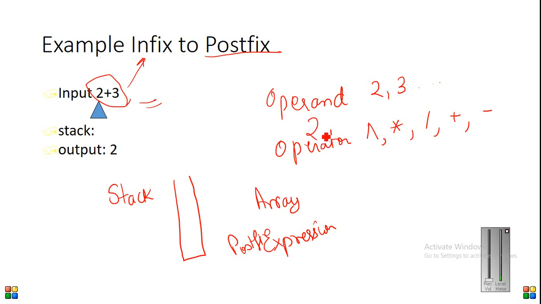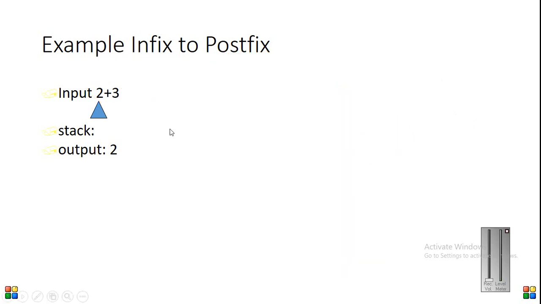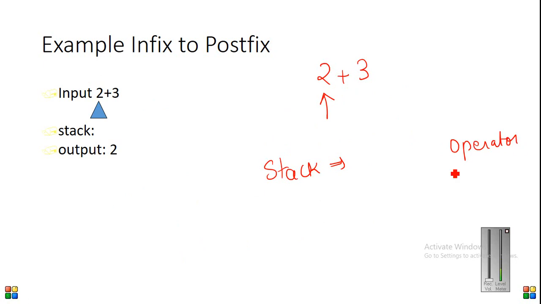Let me make it white and erase everything. So I start with 2 in 2 plus 3, I begin from left to right, right? And on the stack, we only push the operators. So your stack will only contain operators: star, slash, plus and minus, okay?